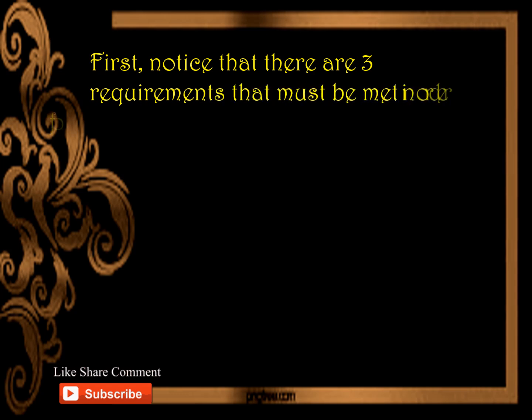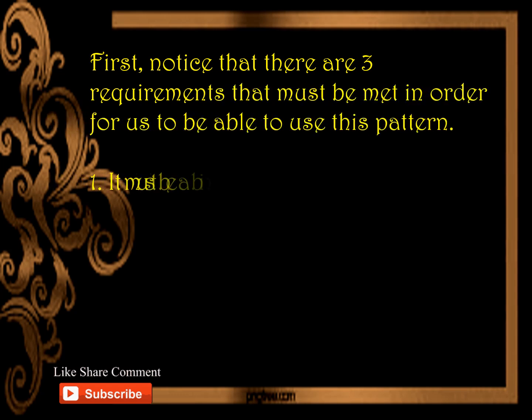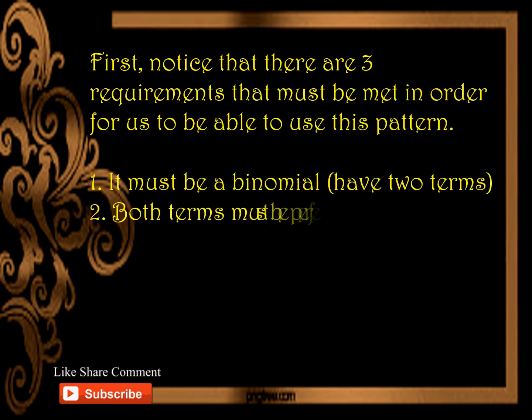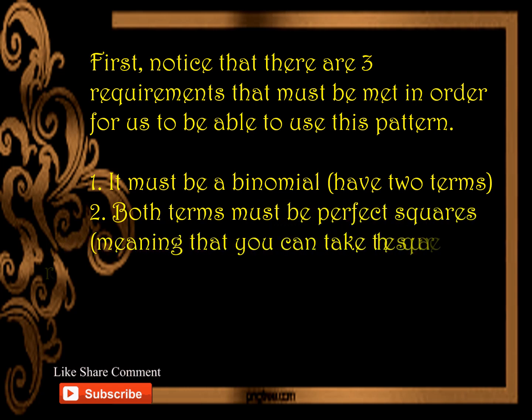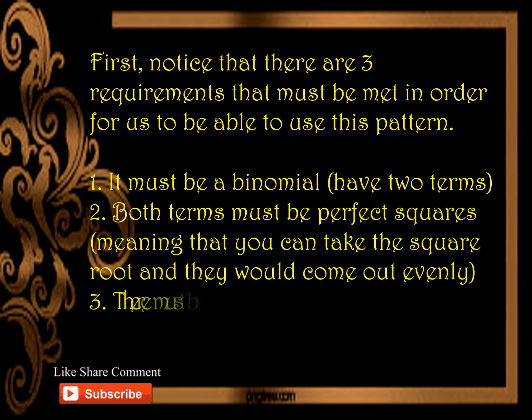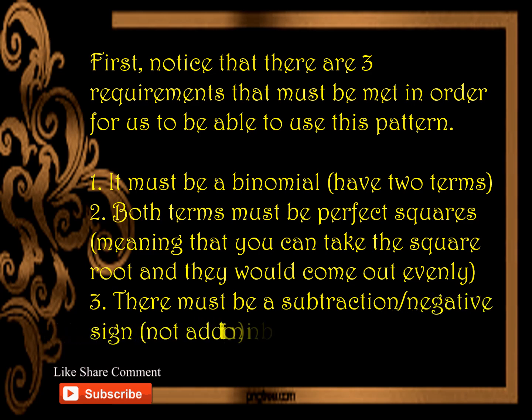First, notice that there are three requirements that must be met in order for us to use this pattern. Number one, it must be a binomial, so it has two terms. Number two, both terms must be perfect squares, meaning you can take the square root and they come out evenly. And number three, there must be a subtraction, a negative sign, not addition, in between them.